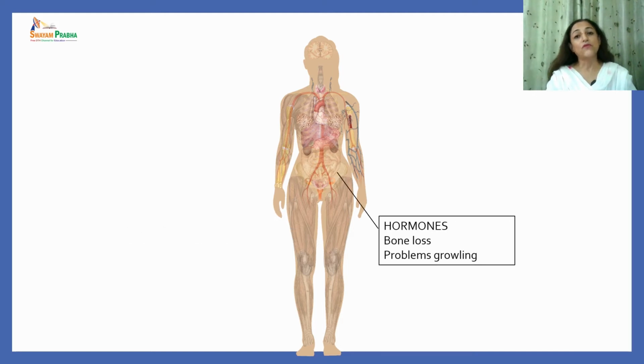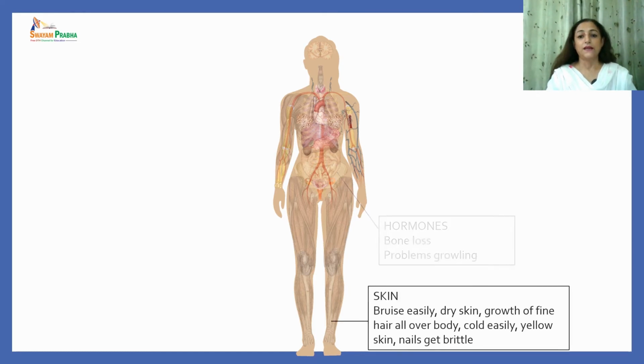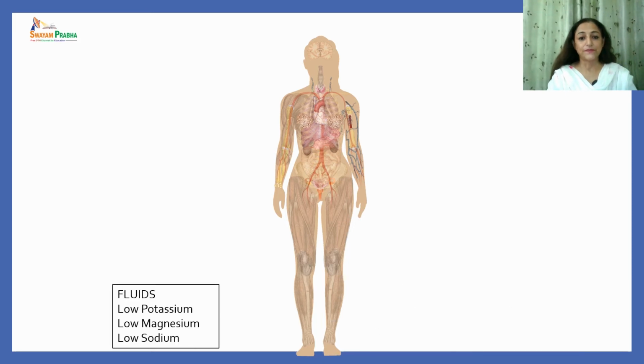Because of hormonal disturbances, there will be more bone loss, and the skin will bruise easily. They will have dry skin, and there will be growth of fine hair all over the body. We call it hirsutism, and they feel cold very easily because there is hardly any fat left in their body. The skin is yellow or pale in color, and nails are brittle.